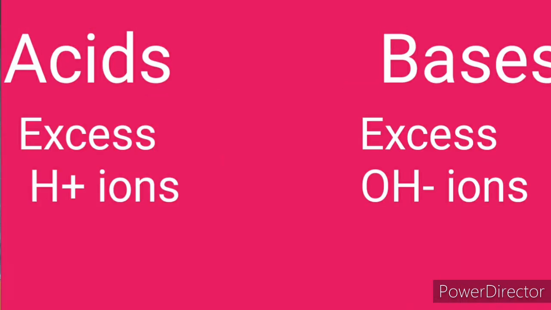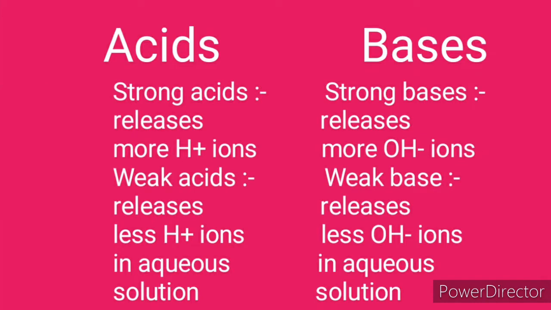A solution which contains excess H+ ions is called an acid, and a solution which contains excess OH- ions is called a base. In aqueous solution, the acids which release more H+ ions are called strong acids, and those which release fewer H+ ions are called weak acids.